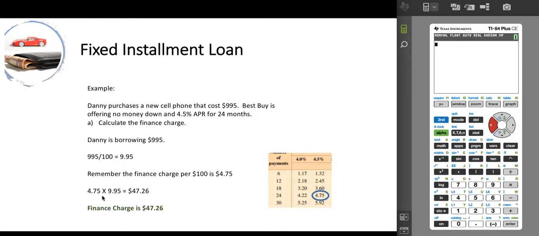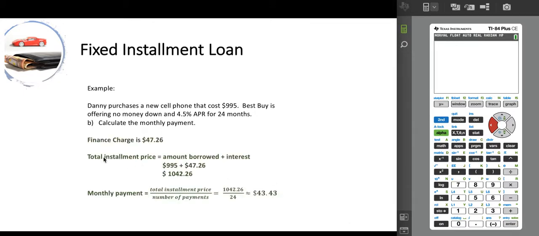So when you multiply those two numbers together, you get $47.26. And those are his finance charges. Okay, so when he pays off the loan 24 months from now, he owes $995 plus the $47.26 that he's being charged to borrow the money.